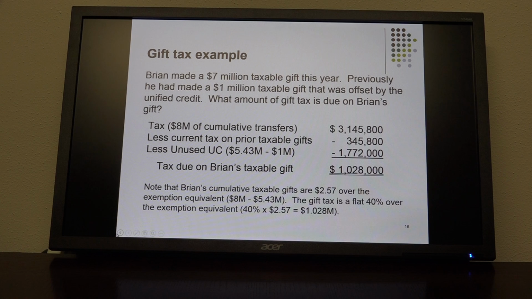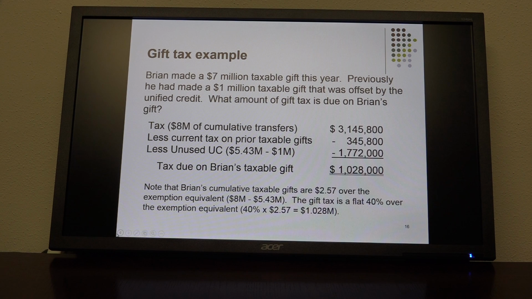Going back to this, what I was trying to tell you is that you can come at this two different ways. You can figure out the gift tax owed using the unified credit and figuring out the excess taxable gift.